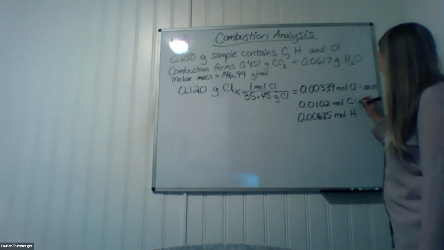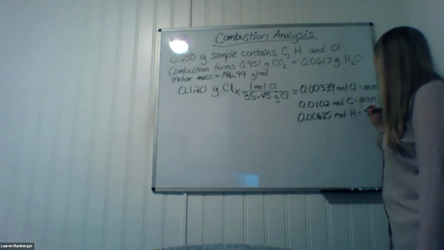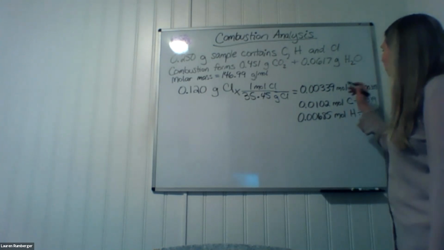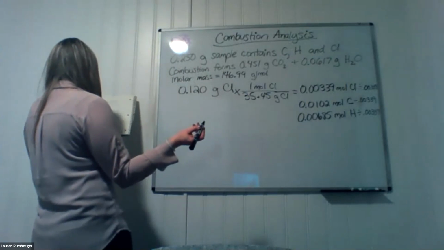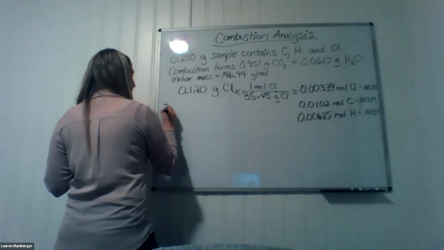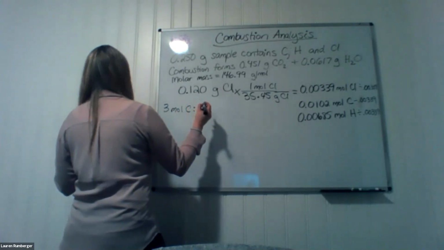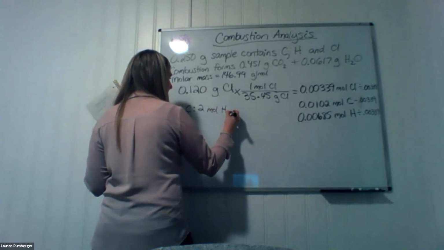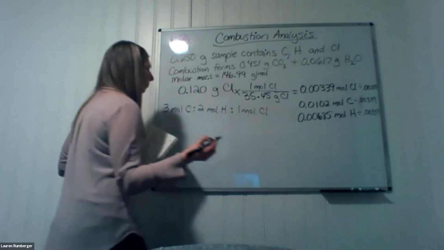Should have moved it over. So when we divide them each by the smallest amount, what we end up getting is 3 moles of carbon to 2 moles of hydrogen to 1 mole of chlorine.